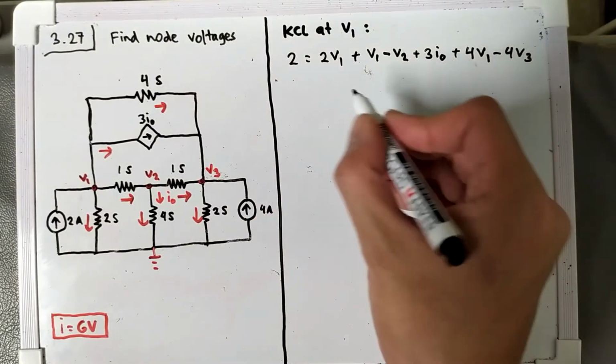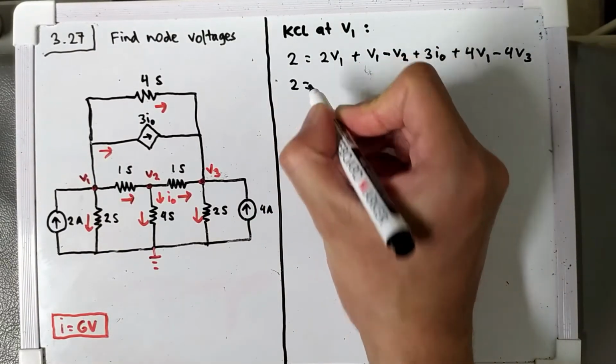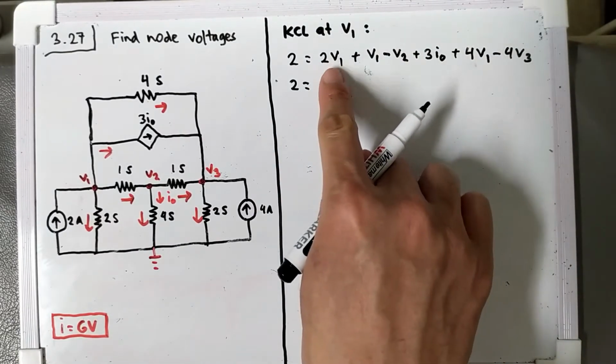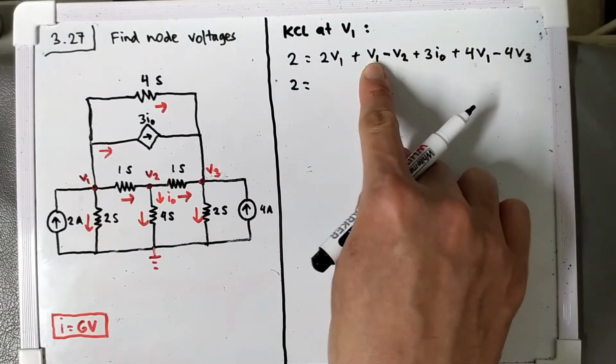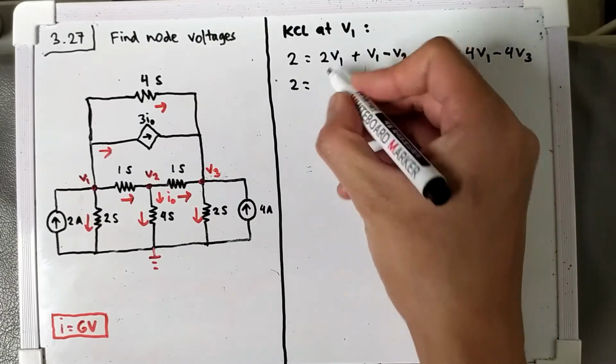Okay, so we do some algebra here. V1: 2 plus 1 plus 4 is 7 V1.